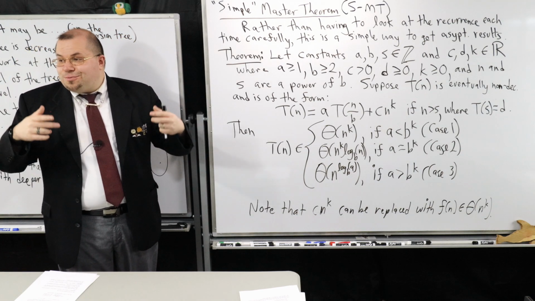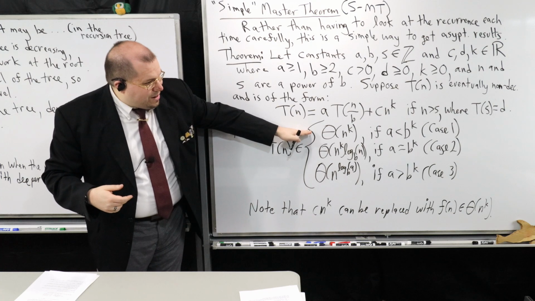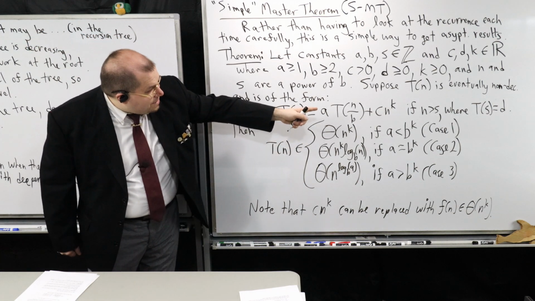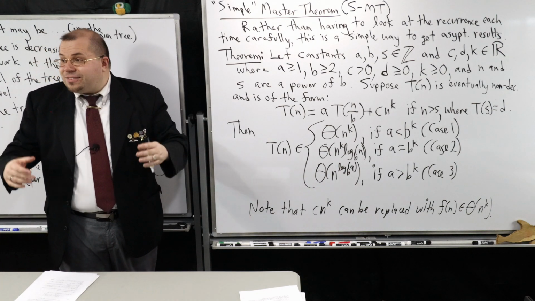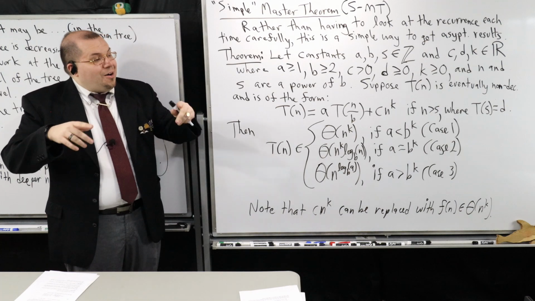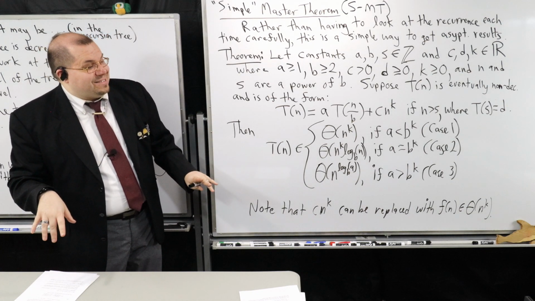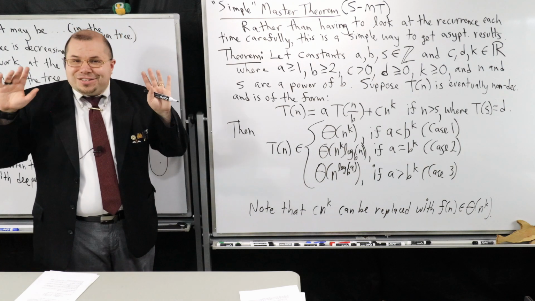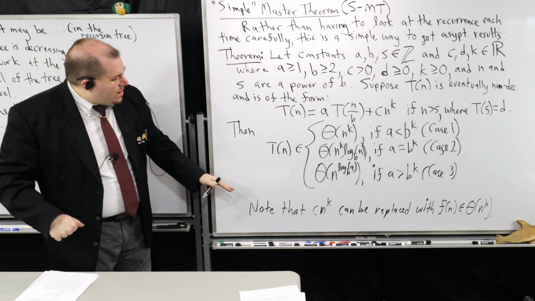That's what case 1 is, which is rather intuitive if you think about it. If the non-recursive work, c times n to the k, is what's dominating the running time at the root, most certainly all the other stuff that happens is going to be less dominant than this when I sum over all of them. That's the intuition I'm trying to give you here.